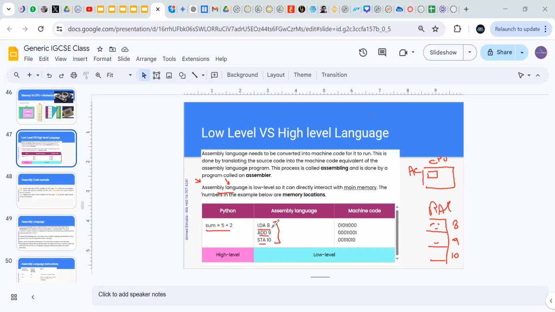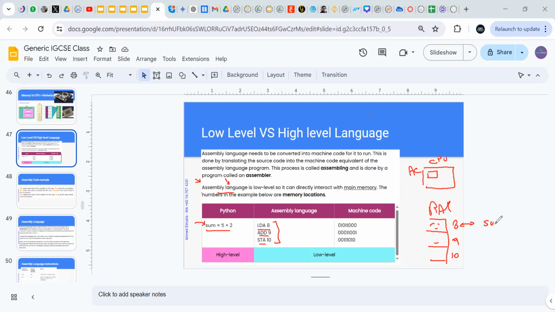Dealing with assembly language is tough because you have to remember the addresses of the memory. In Python, you don't need to care about that. You just create a variable name, and internally Python relates it to an address. There is an address table, but you don't see that.